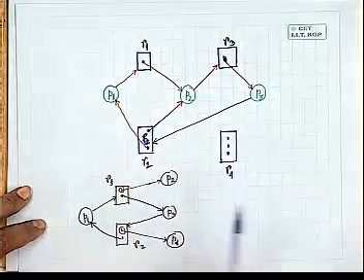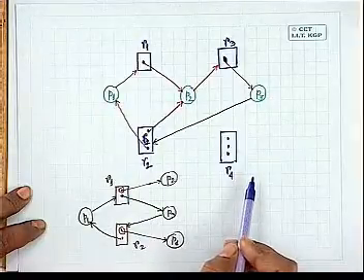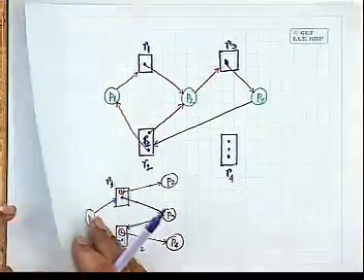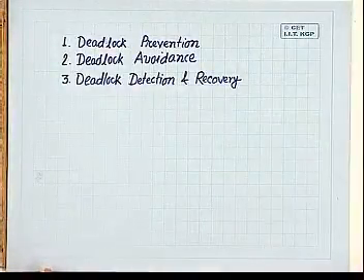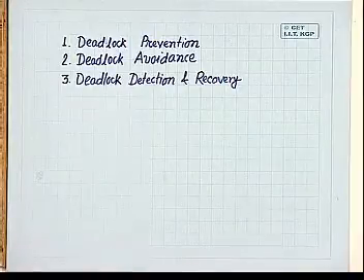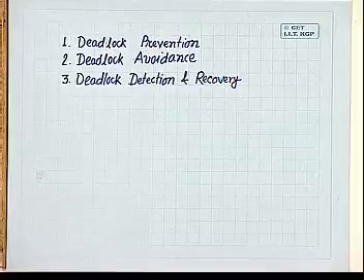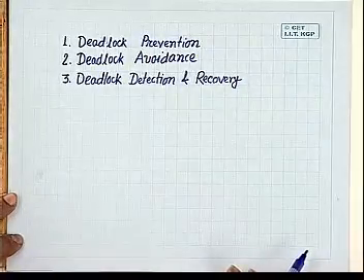Such a situation we call unsafe. So we should try to see that our allocation never leads to a cycle. Even if that does not lead to a deadlock, we will try to avoid the cycle. That is the approach taken in deadlock avoidance.